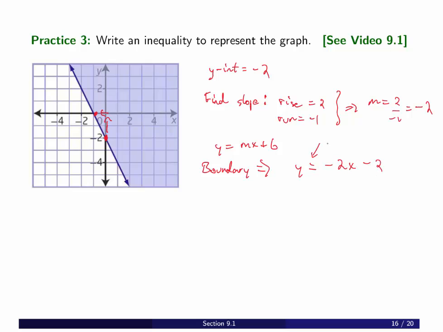But this is an equation, the equation of the boundary. We want an inequality. So now you have to take a look at the solution region. Is it above or below the boundary? The solution region is above the boundary.